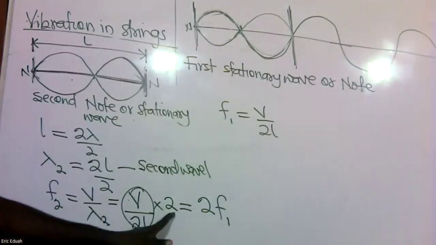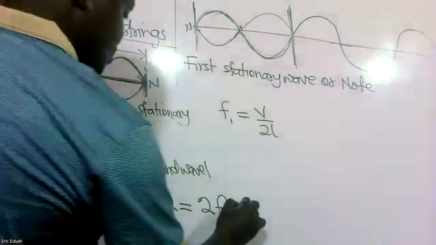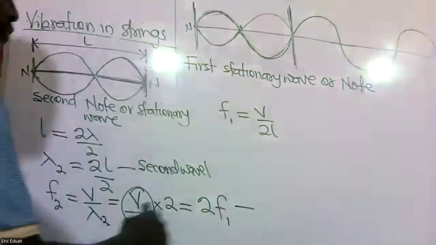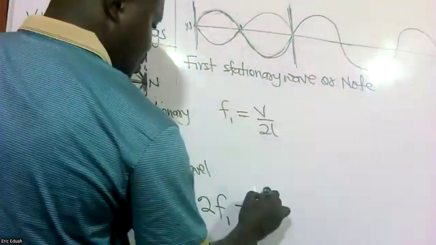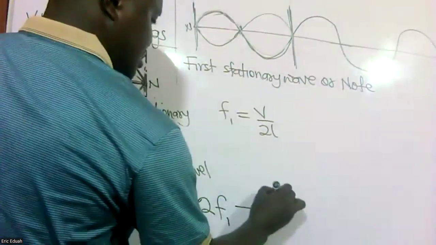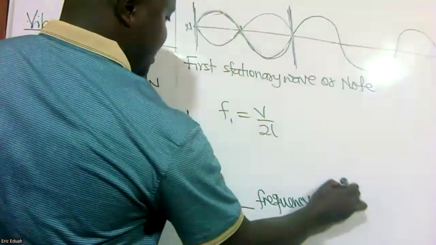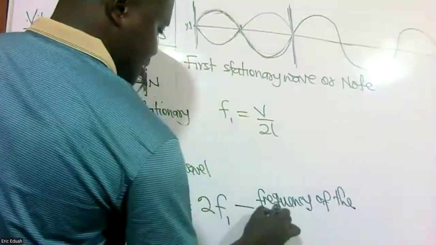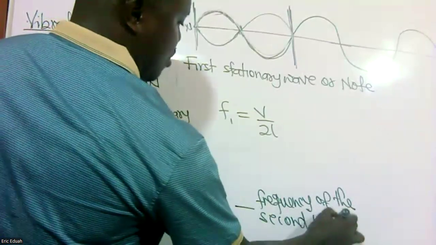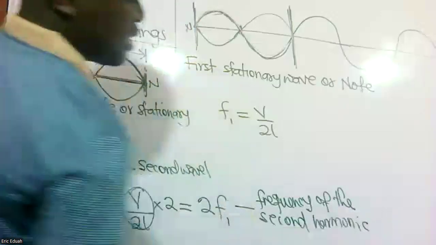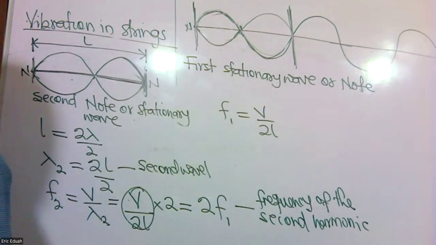So F2 is equal to 2 times F1. So this is the frequency of the second harmonic. We'll do it for the third stationary wave and create a general relation.